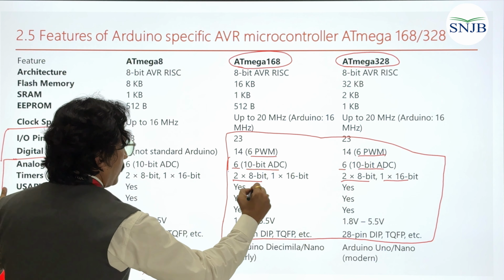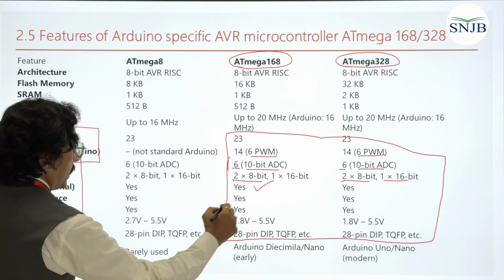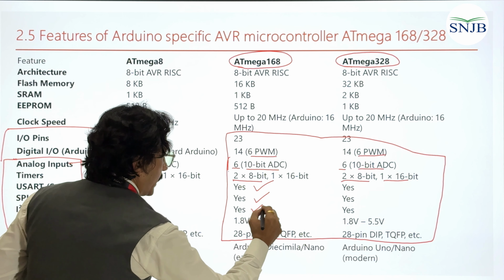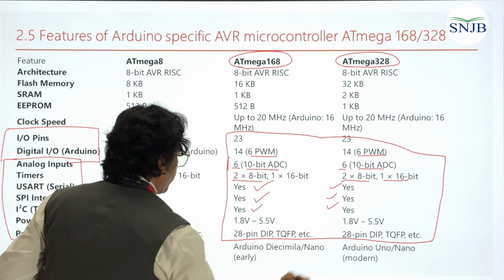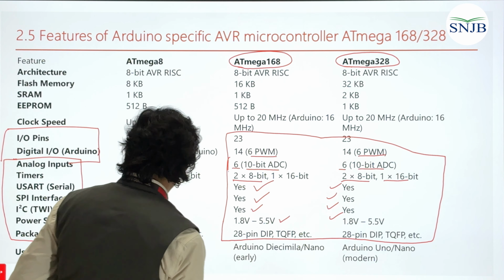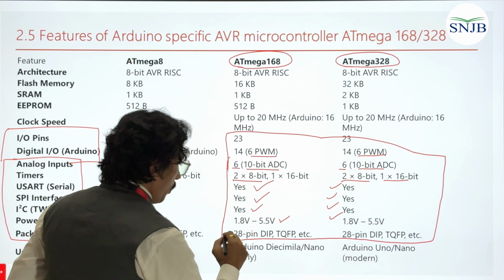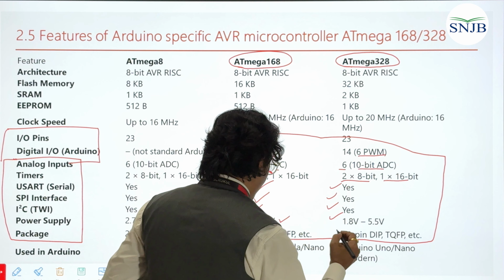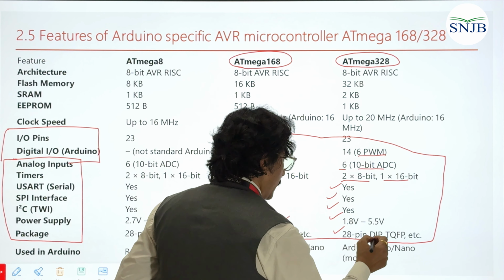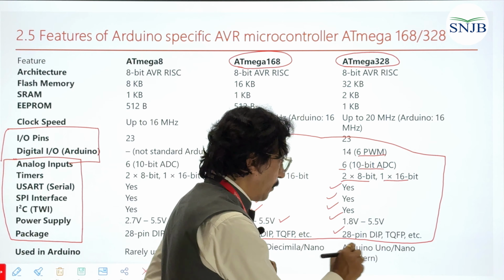USART is present, serial peripheral interface is present, inter-integrated circuit is present, power supply is between 1.5 to 5.5, and packages of 28 pins, DIP or quad flat package, dual in line or quad flat, both.